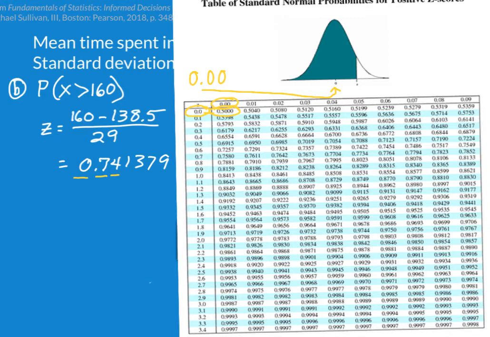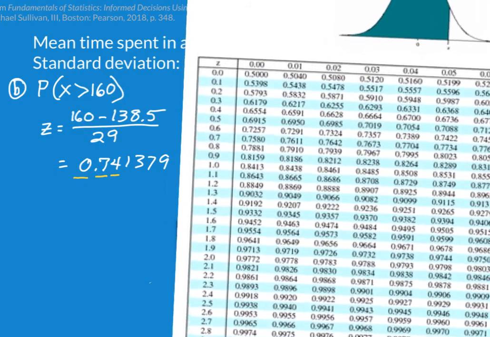And as you see, the area is this. That means that 50% of the data is less than the z-score of 0, which you already knew from the empirical rule.